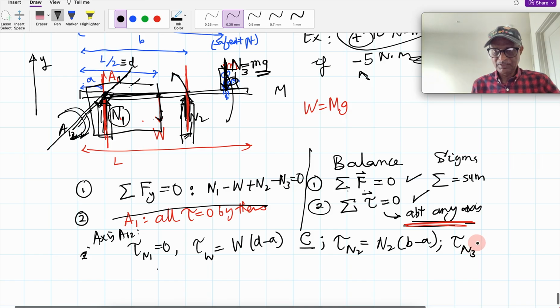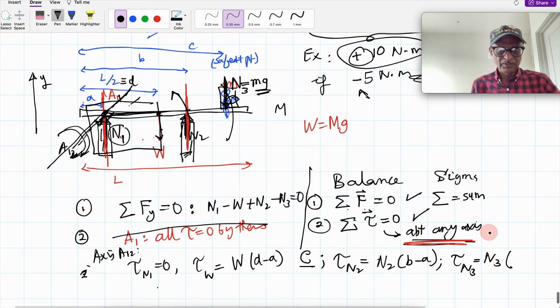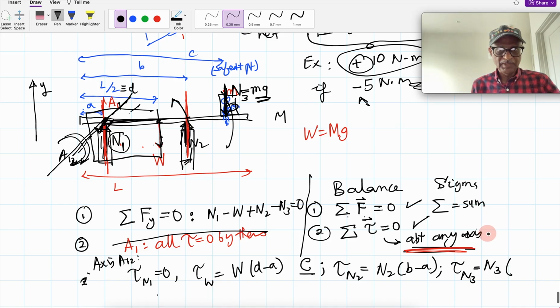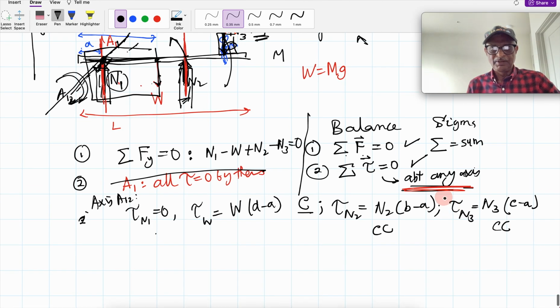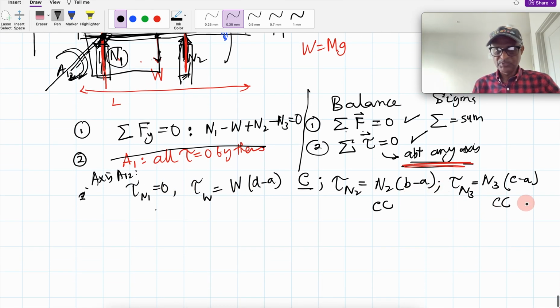Torque of N3 is N3 times C minus A, because the axis is already at A here. Now these are counterclockwise and counterclockwise, so these will all add to 0.